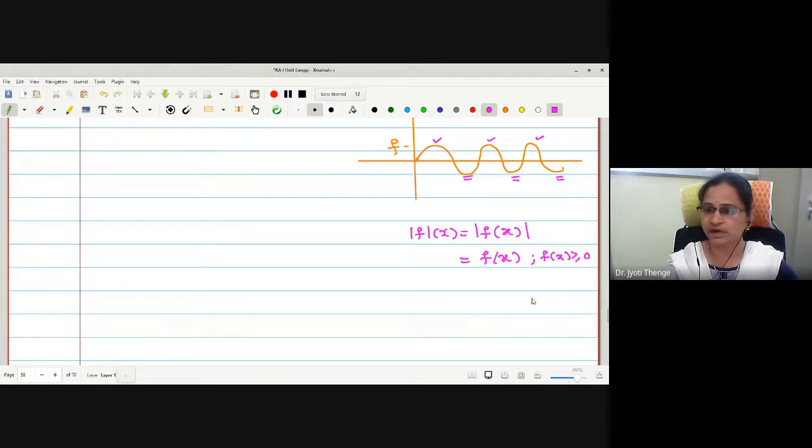And how is it defined if it is non-positive, less than or equal to 0? How are we going to define mod of a? It is a for a non-negative. And what is the definition here for a non-positive?